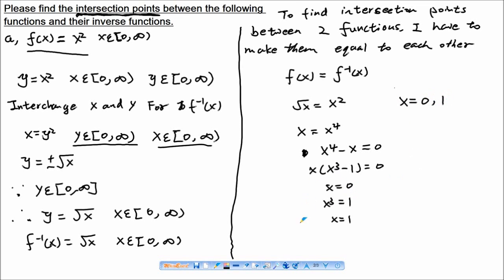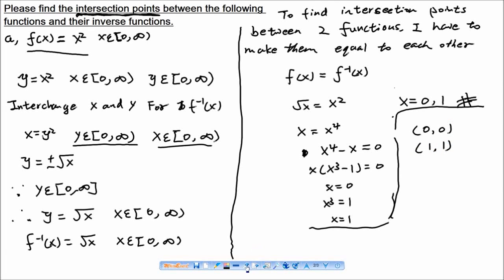Now I substitute them into any equation to find the y coordinates, and the two points will be 0, 0 and 1, 1.